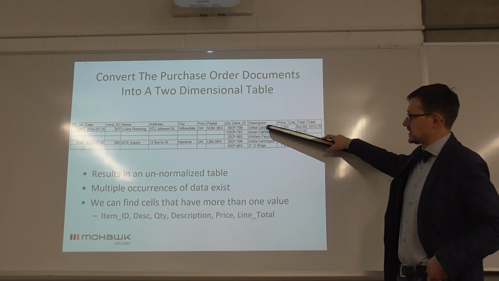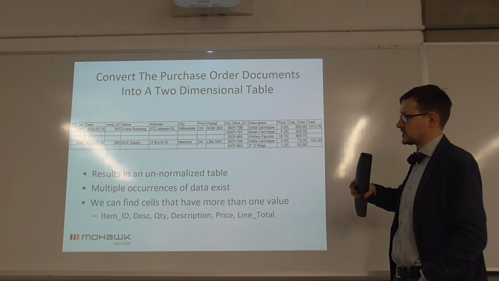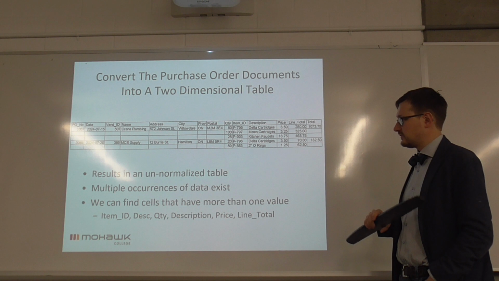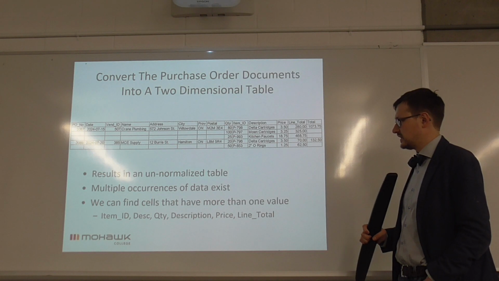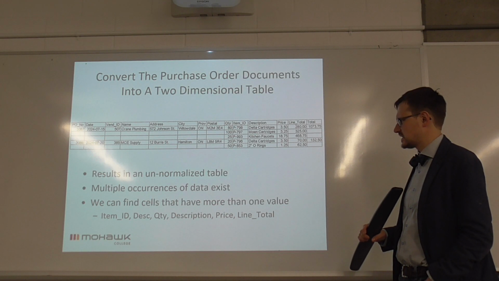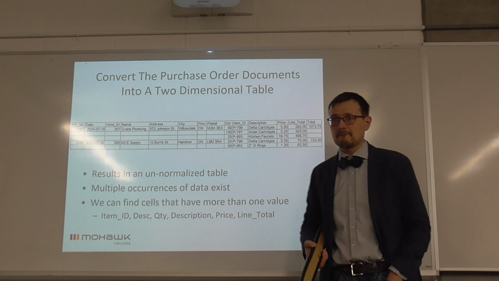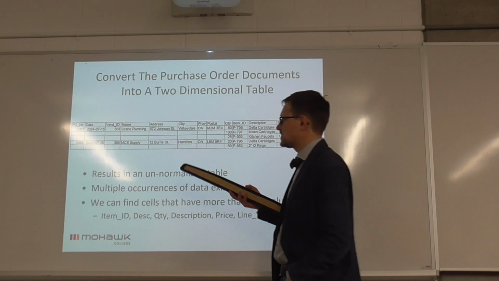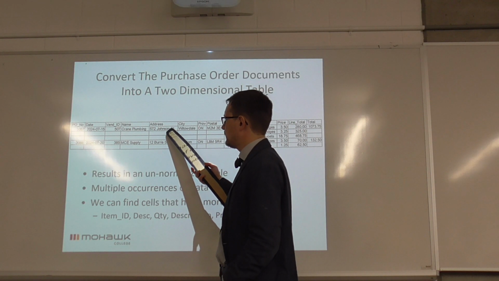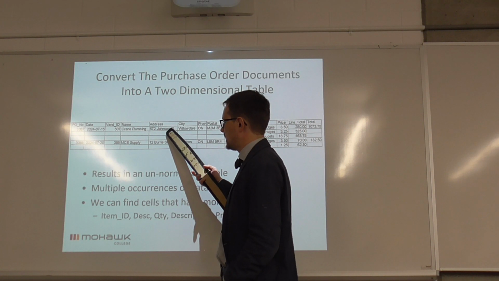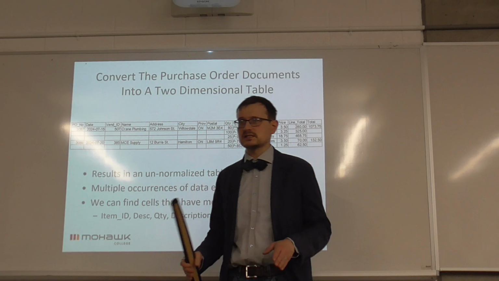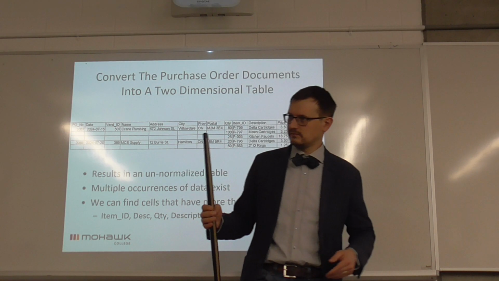Notice that delta cartridges occurs on both of these two purchase orders. We can find cells that have more than one value. Yes. So, again, the implication here is that anywhere you have a blank spot, it means repeat from the line above, right?